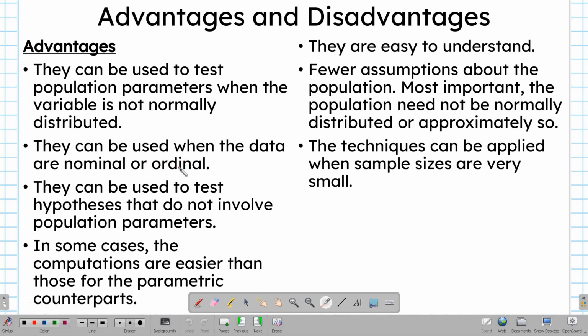Also, we can perform these statistics if they do not involve population parameters. Sometimes the computations are easier if you do it manually, and there are fewer assumptions. And since we do not need to meet the normal distribution requirement, the sample sizes can be very small.